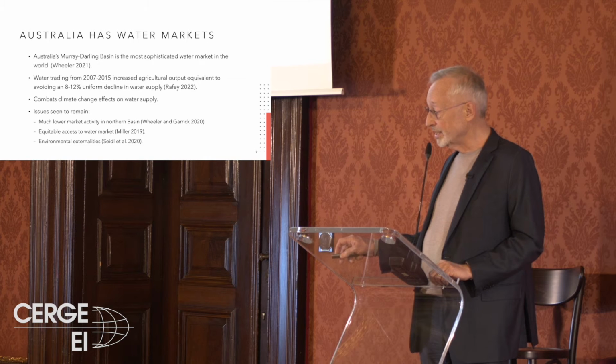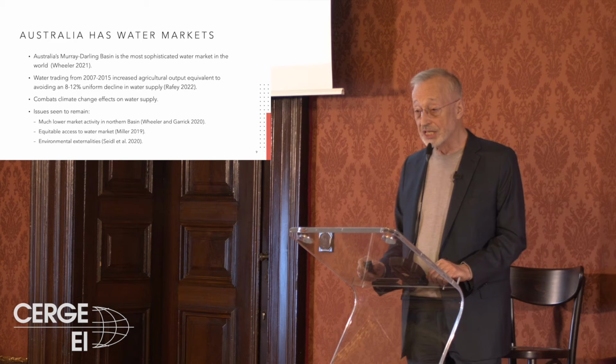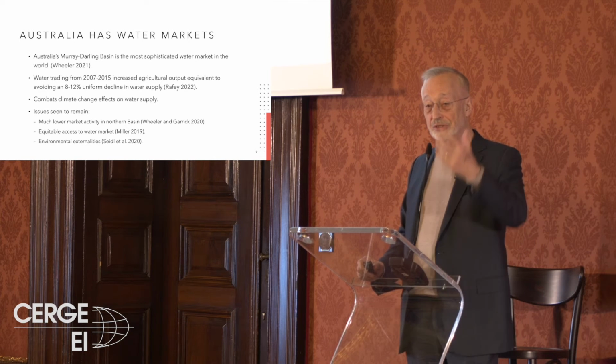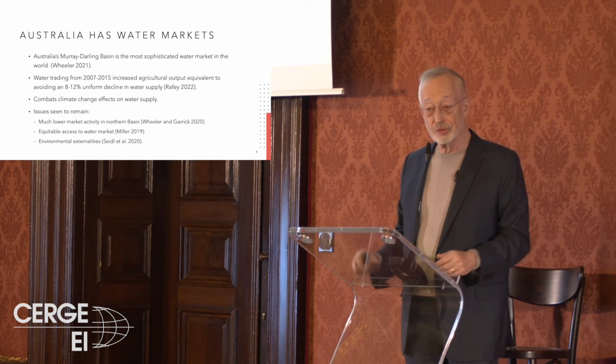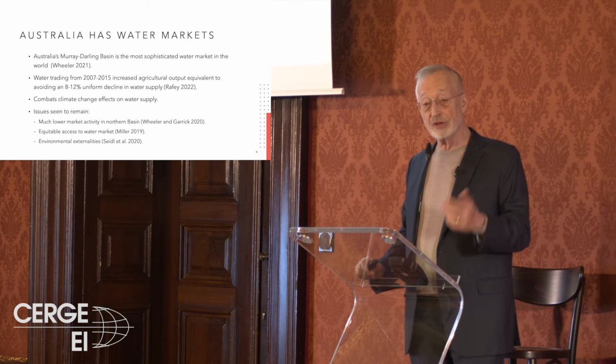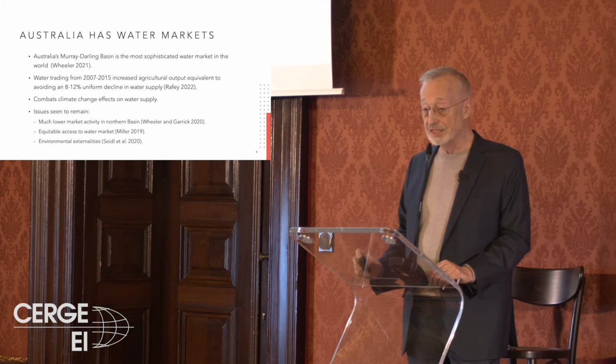We think that this combats climate change effects, and there are still some issues I won't focus on in the Murray-Darling Basin. But trading of water is possible. Farmers there have an app. They can trade water on their iPhone. They can say, I want to release some of the water to which I'm entitled, and somebody downstream can buy from them, and it looks like a relatively simple exchange.